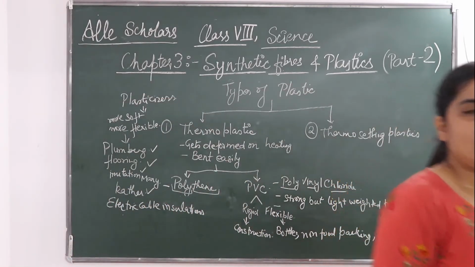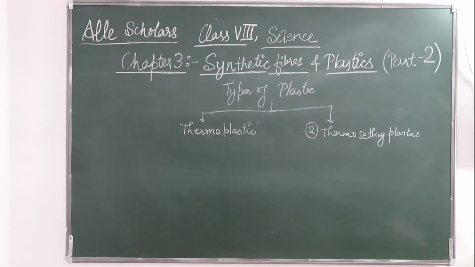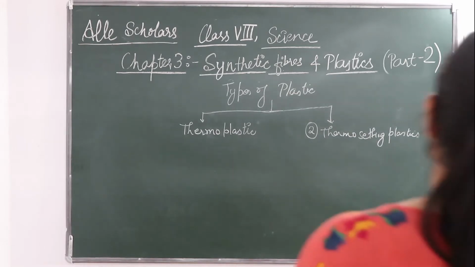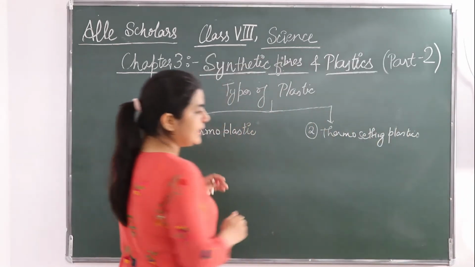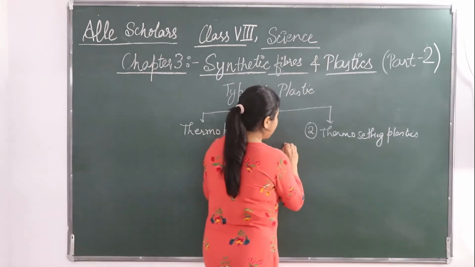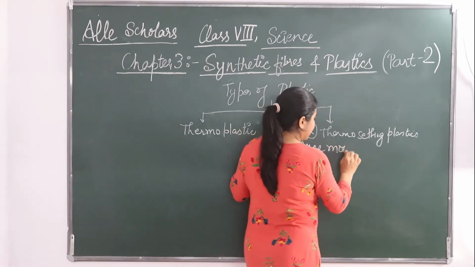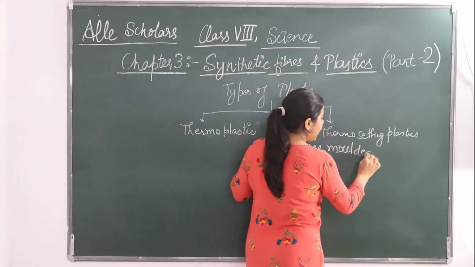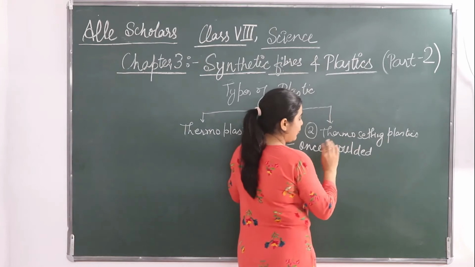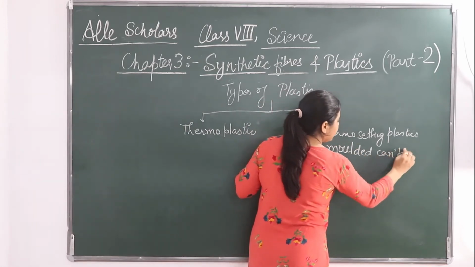Now we will see about thermosetting plastic. So thermosetting plastic is a plastic which when molded once cannot be softened by heating. Okay. So once molded, जो भी shape दे दिया गया इसका, एक बार mold कर दिया गया, it cannot be softened again by heating.